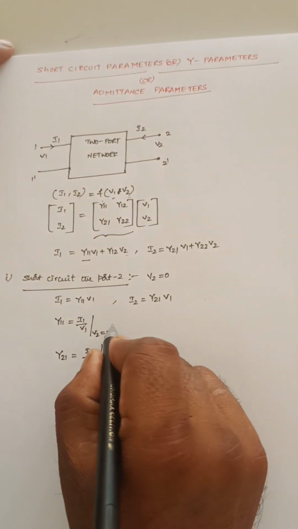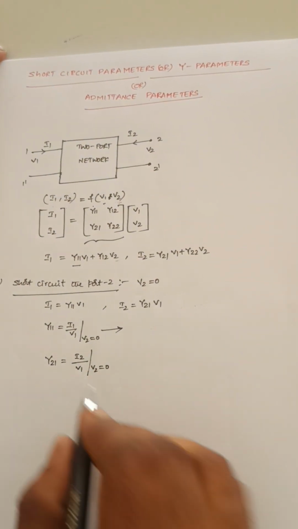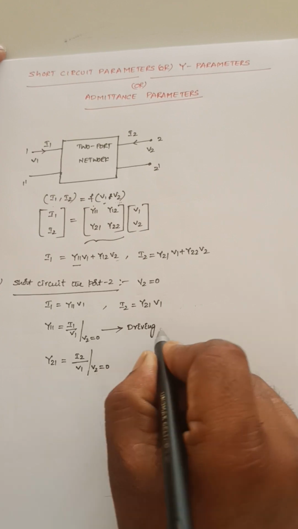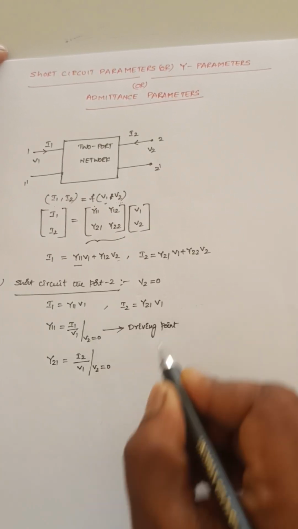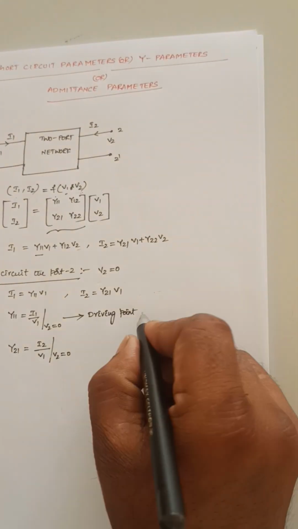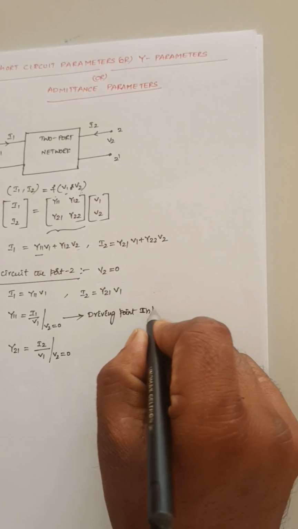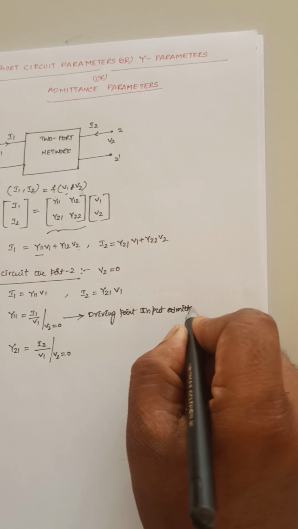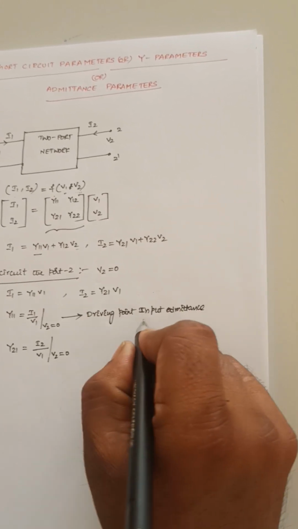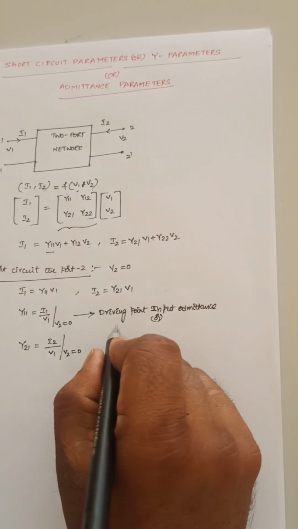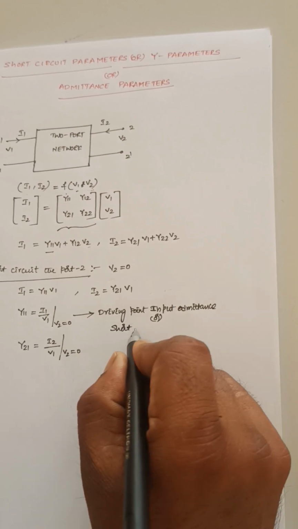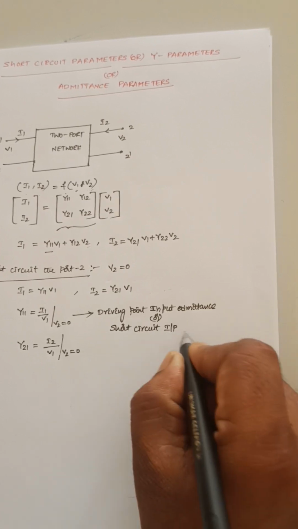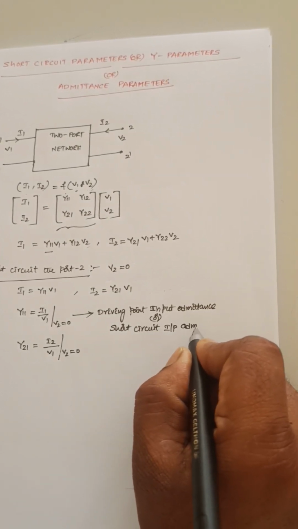This Y11 is named the driving point input admittance, or simply the short circuit input admittance.